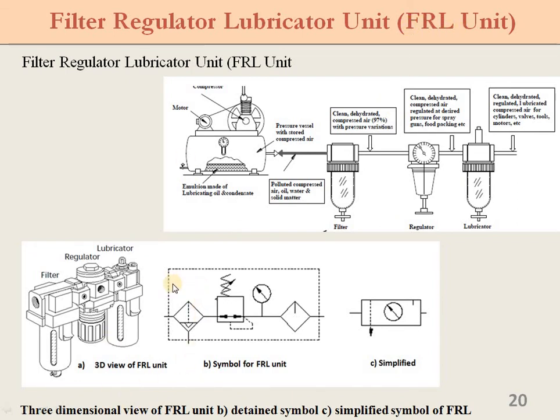Here it is showing the symbolic representation of this FRL unit. In the examination, if they ask for the symbolic representation of the FRL unit, this is what it is: a representation of the filter, the regulator, and then this is the lubricator. And in a simplified way, the complete FRL unit, if you want to represent it in a single symbol, is this.